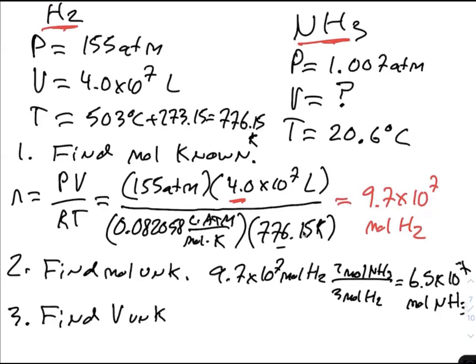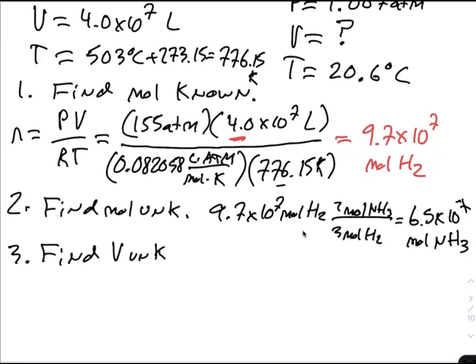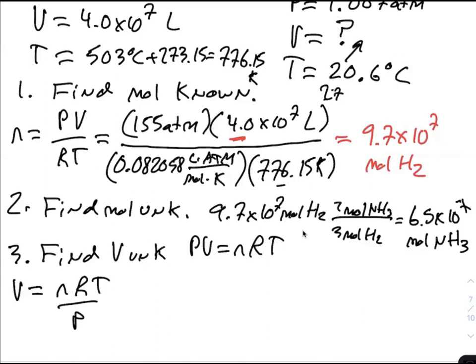So for the ammonia, volume is equal to nRT over P. This is rearranging PV equals nRT to solve for volume. And I'm going to plug in everything I have. Oh, before I do that, look, the temperature's not right. I want to add 273.15, and that would give me 293.75 Kelvin, and this would be accurate to the tenths place.